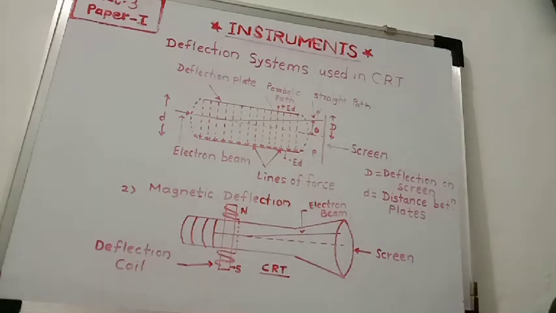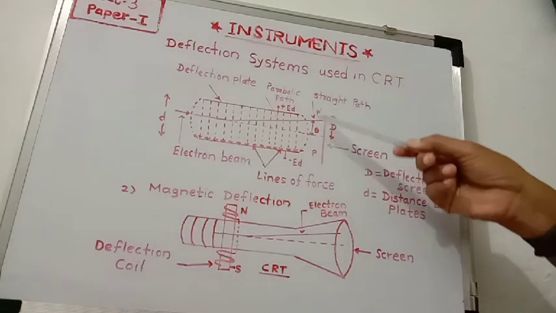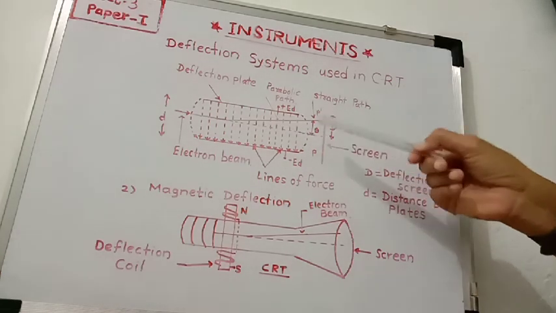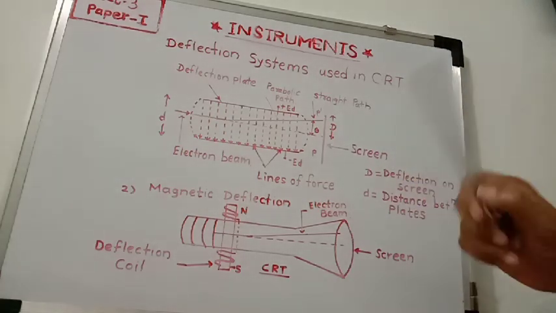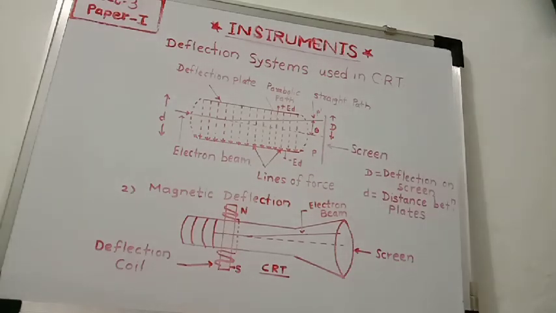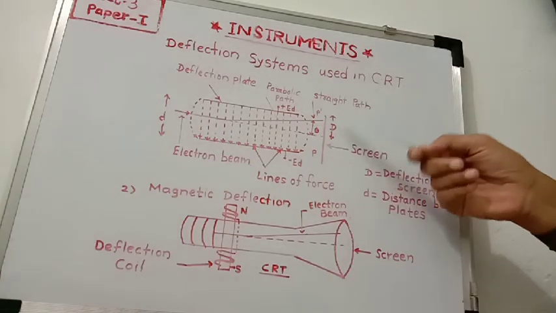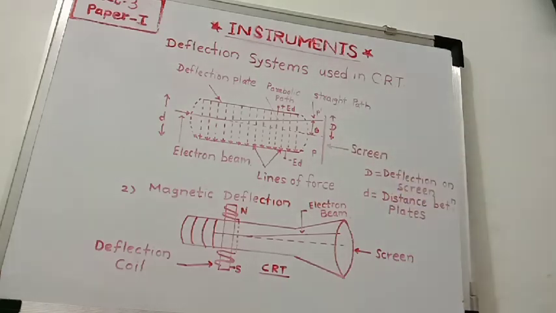The deflection sensitivity is defined as the amount of deflection of the electron beam on the screen per volt. It is called deflection sensitivity. Okay, so we will stop here.